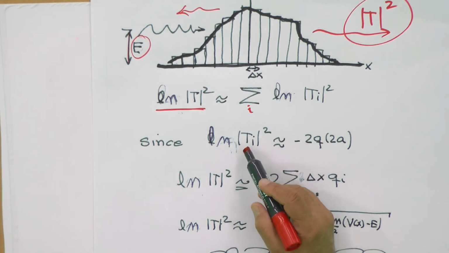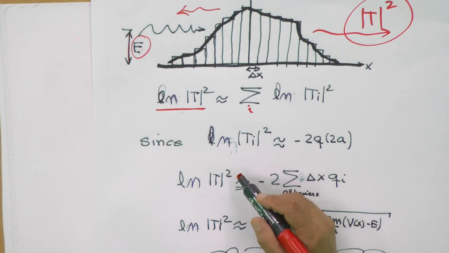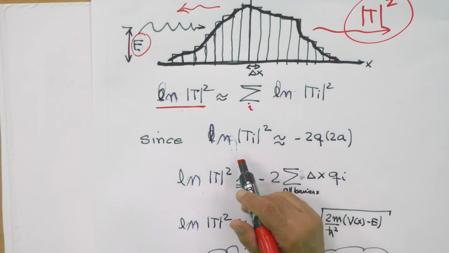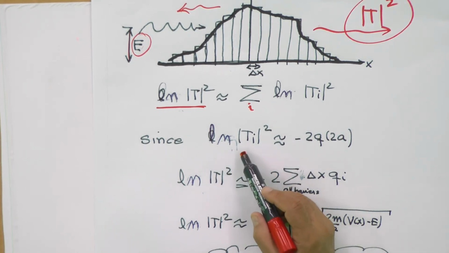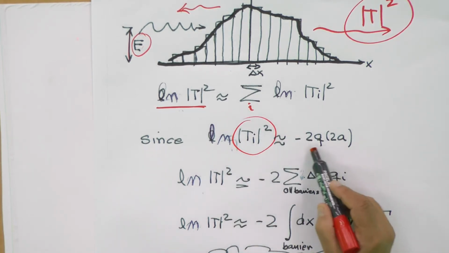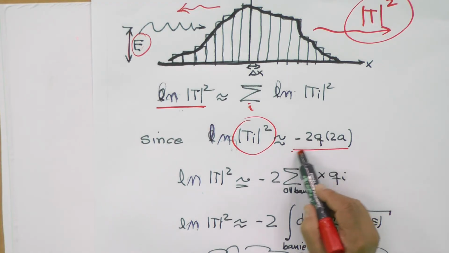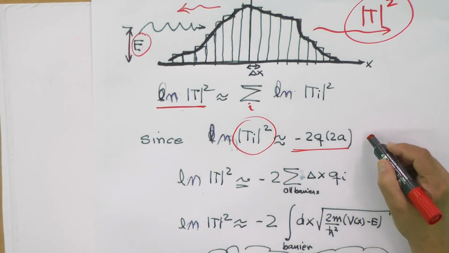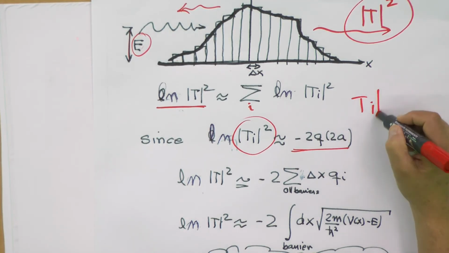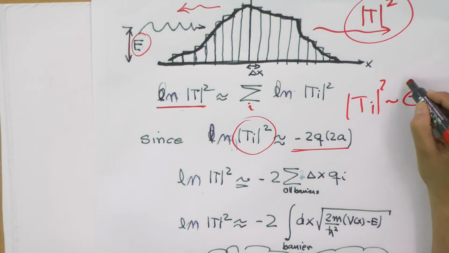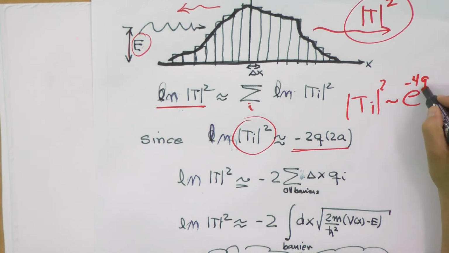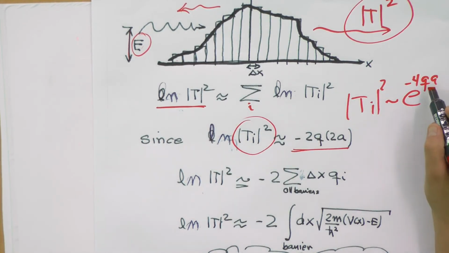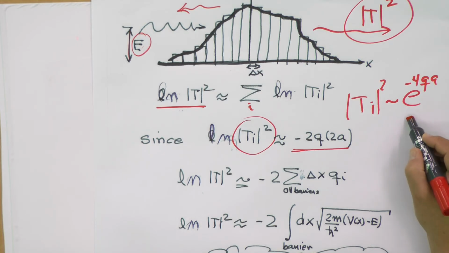And we learned, in some expression before, that I made an approximation. You can go back and look at it: the probability is given by minus 2q times 2a. I put 2a here because there I had an exponential. If you look in there, T squared is proportional to the exponential of minus 4ka. But the width of the square barrier that I used is 2a.